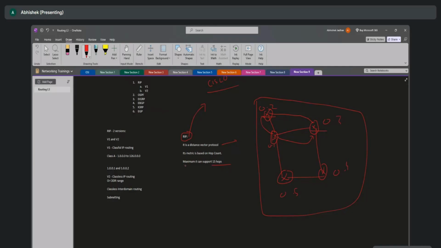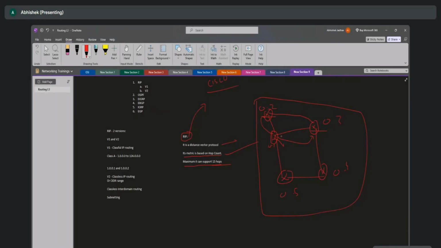Okay, so now, its metric is based on hop count. That's easier to understand. But what is the maximum it can support? 15 hops. So within a network, if there are more than 15 hops, let's assume that I am sending a packet from this 0.1 router to some 0.16 router.